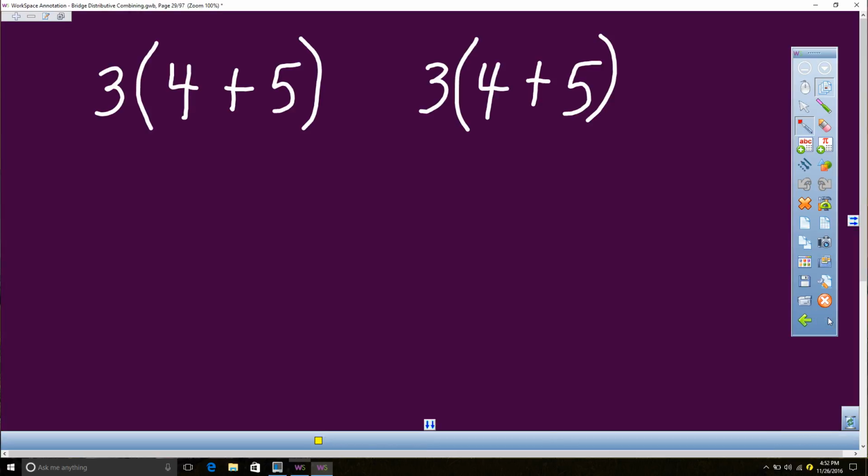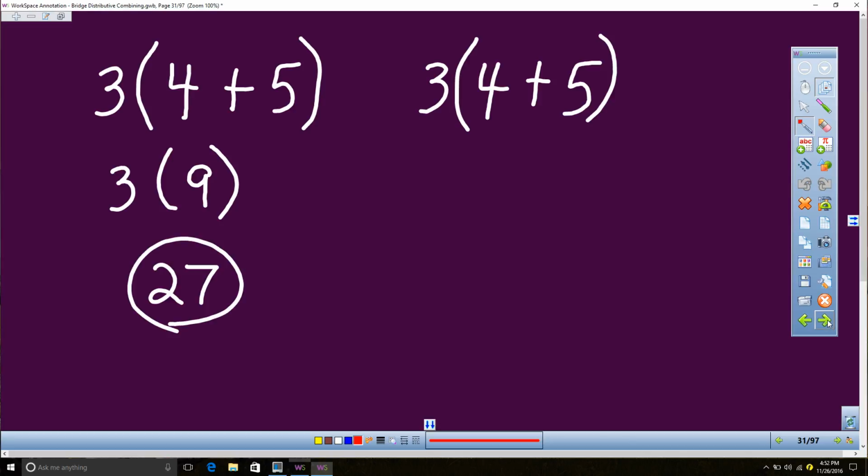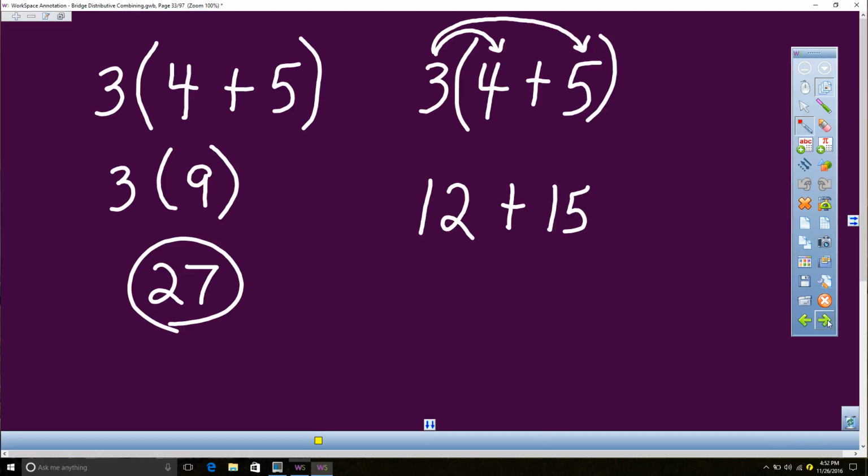Now I want you to think about the order of operations. Looking here on the left, according to the order of operations, you would do what's in parentheses first, then you would multiply. But on the right, I'm going to show you where I am actually going to violate the order of operations. I'm not going to follow the order of operations, and yet I'm going to get the same answer. I'm going to multiply the 3 times the 4 first, then I'm going to multiply the 3 times the 5, then last of all I'm going to add.